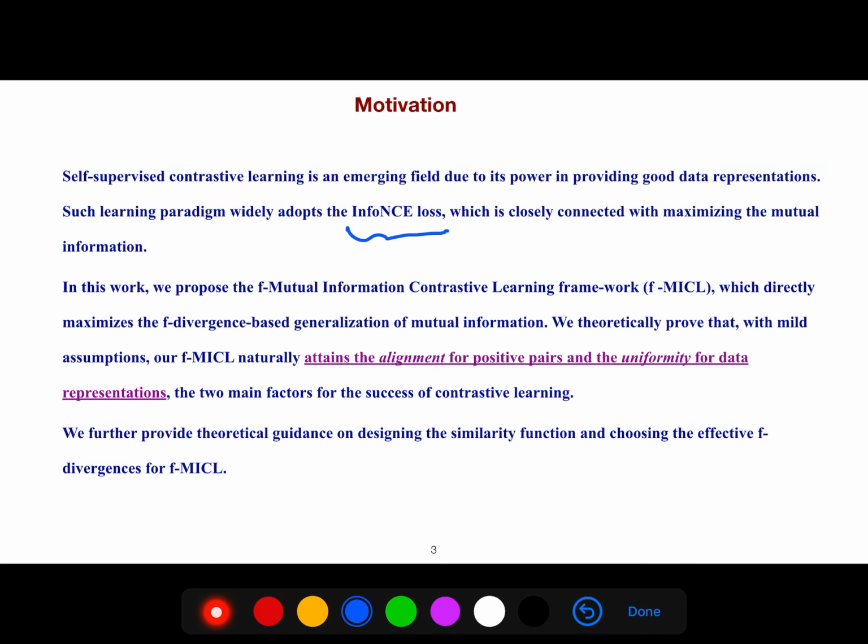In this work, we propose the F-mutual information contrastive learning framework, which directly maximizes the F-divergence-based generalization of mutual information. We theoretically prove that with mild assumptions, our FMICL naturally attains the alignment for positive pairs and the uniformity for data representations. These are the two main factors for success of contrastive learning.